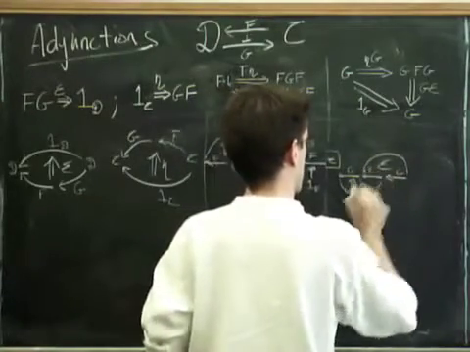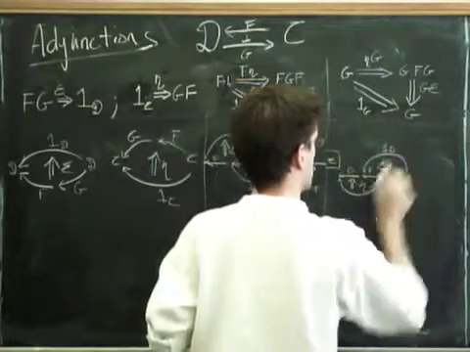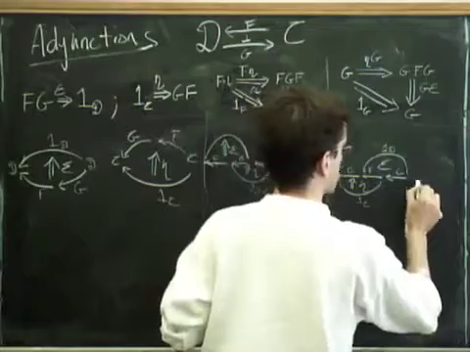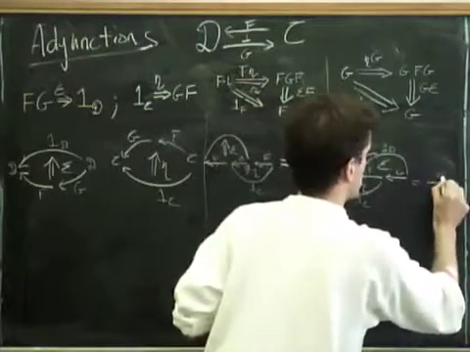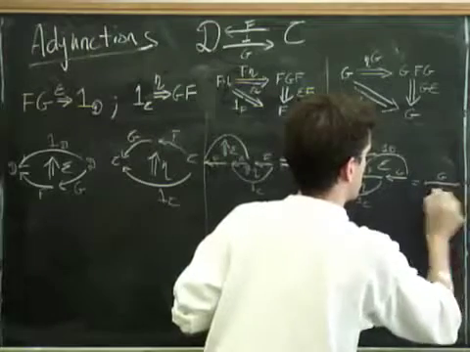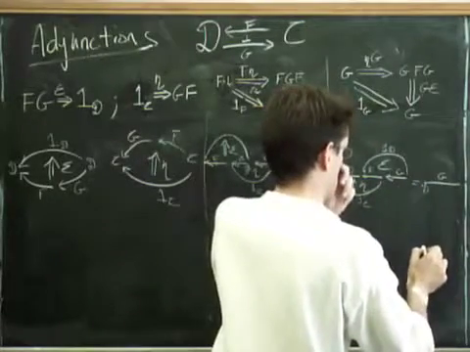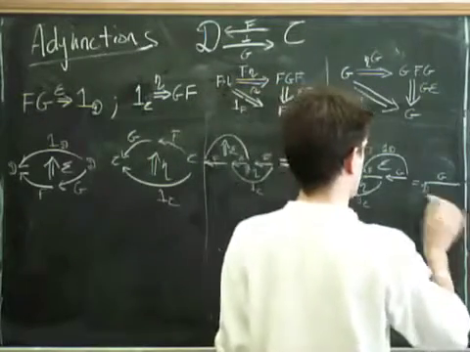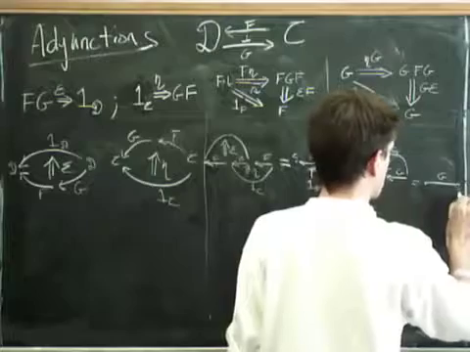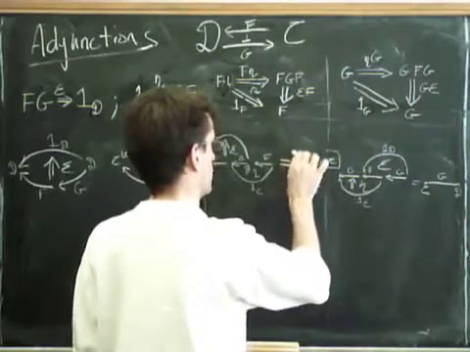So that's a 1D, and 1C. And that has to be equal to just doing nothing on G. So this has to be this. Going from C to D. I'm going from D to C. Which means I've got that label on there.